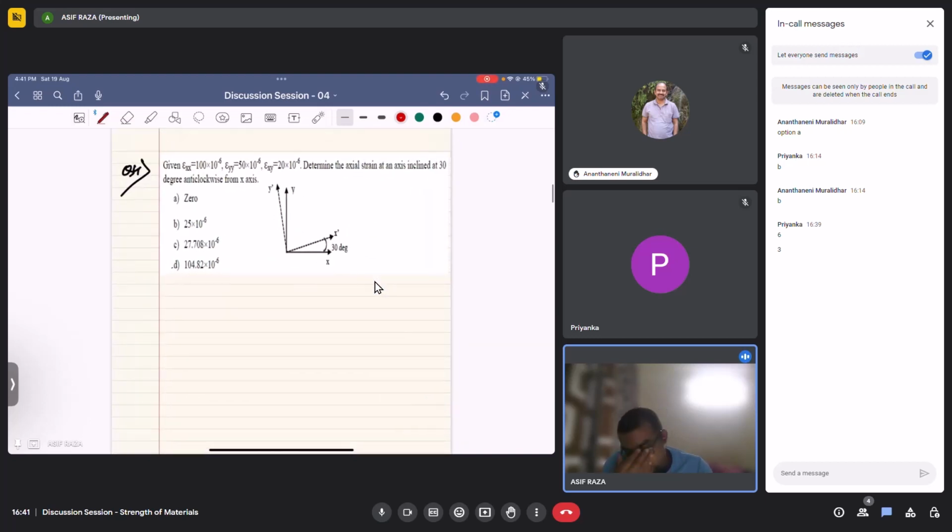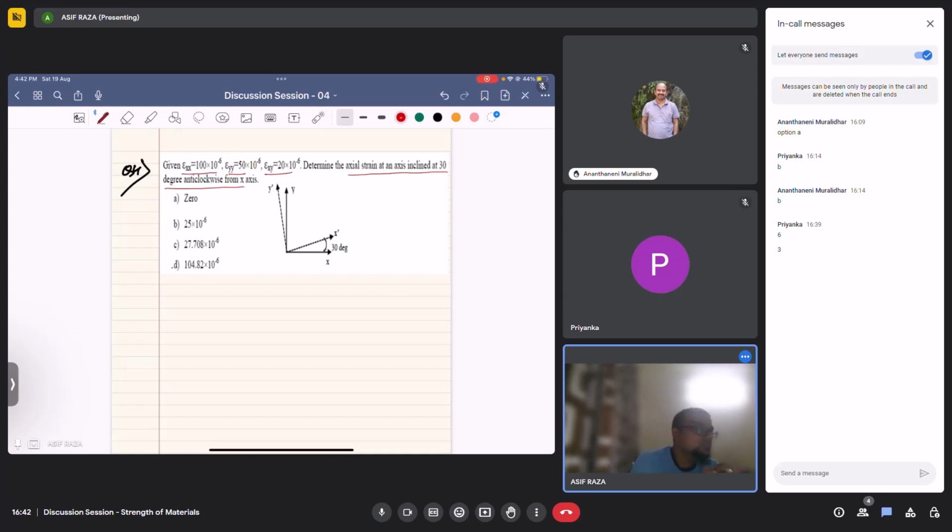This is similar to the stress case, if you have studied it. The question is, we are given epsilon xx, epsilon yy, epsilon xy. Determine the axial strain at an axis inclined at 30° anti-clockwise from the x-axis. If you remember, in the stress case, we used to find normal stress and shear stress at a particular inclined plane.